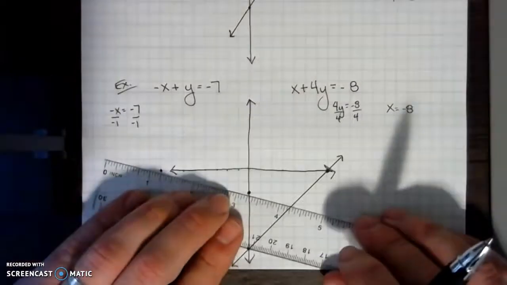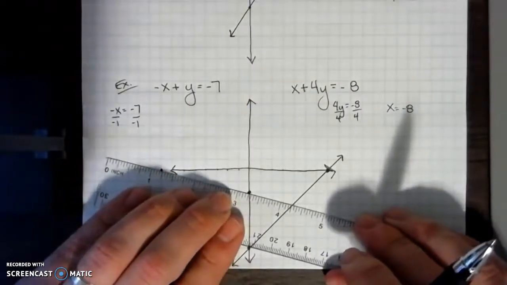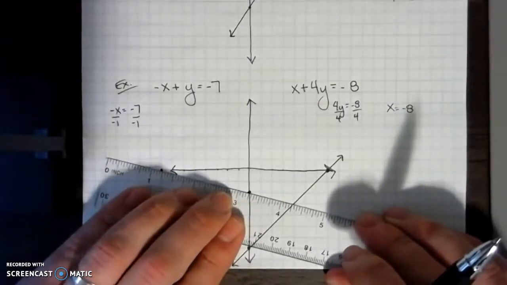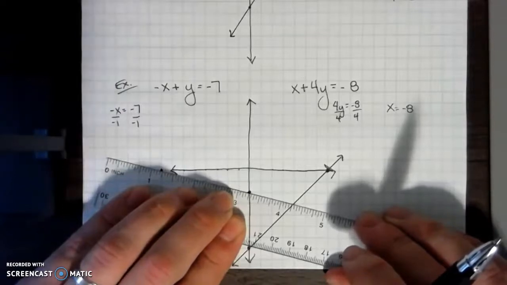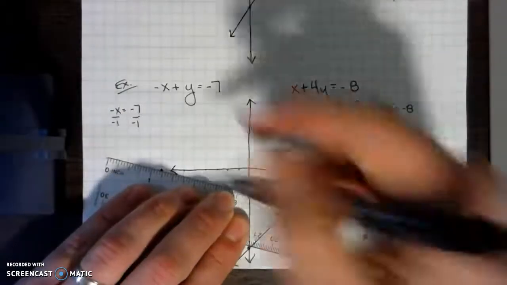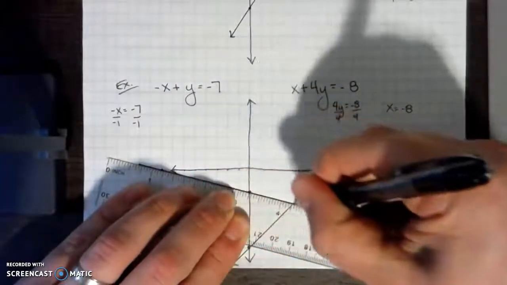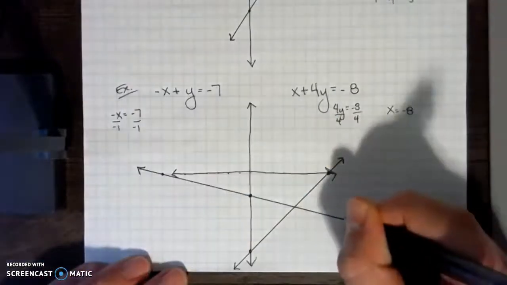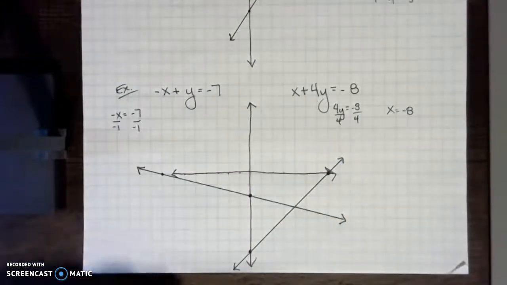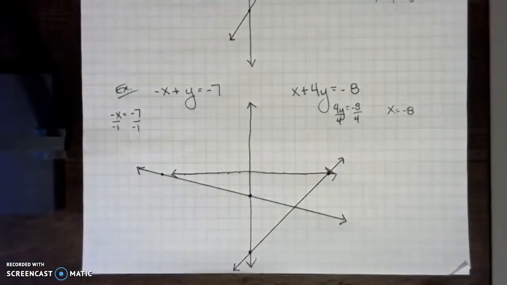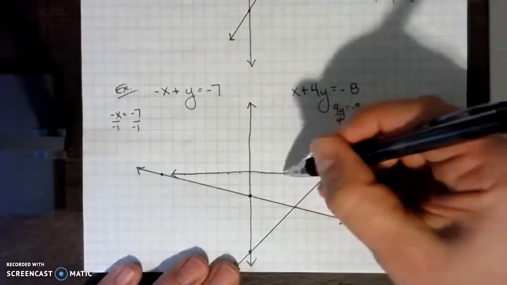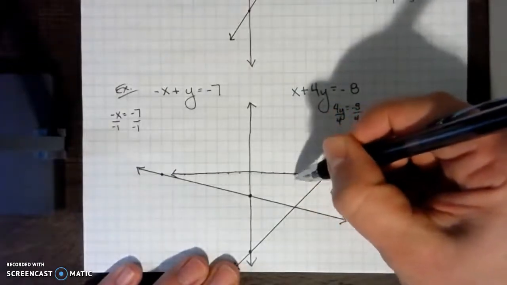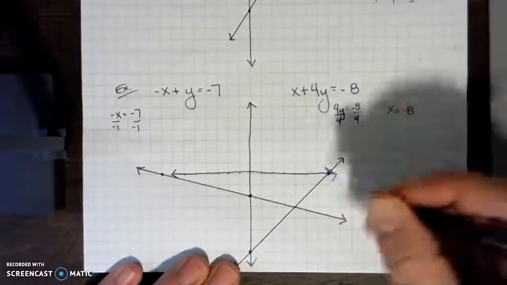Alright, so if I take my straight edge and line it up through that, we should see that they intersect at the point 1, 2, 3, 4. So x is 4, down 1, 2, 3.